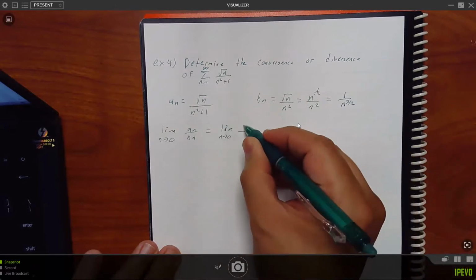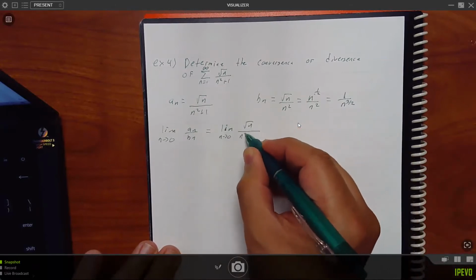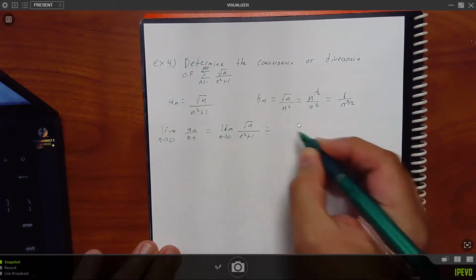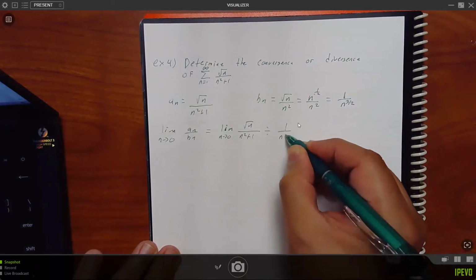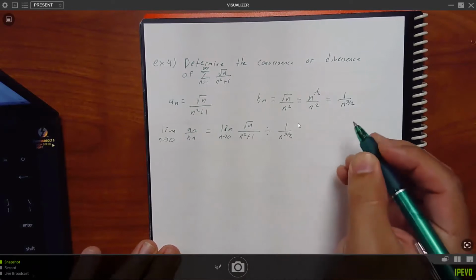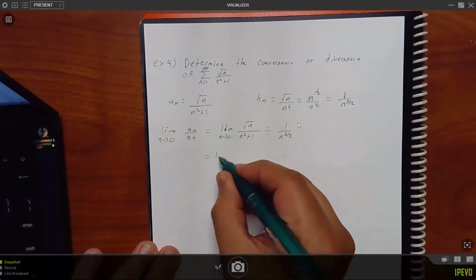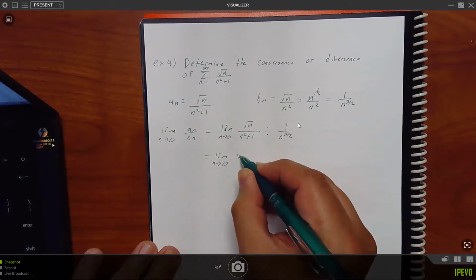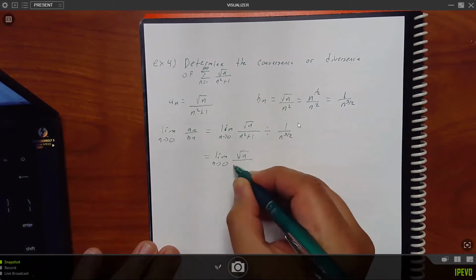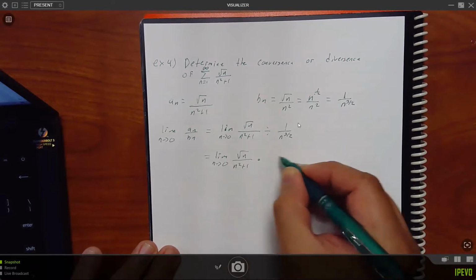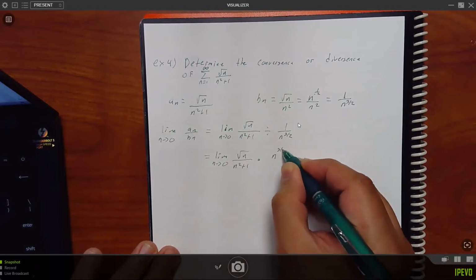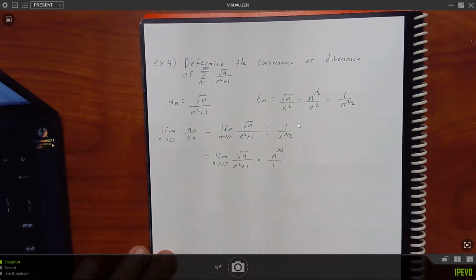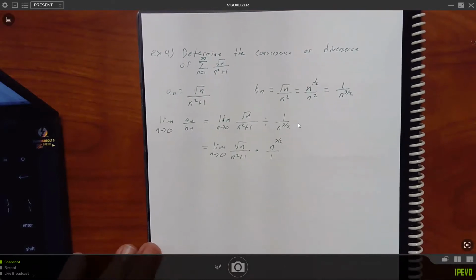First one, I'm going to write it as a division. That way it's easier to see what's happening. Writing as a complex fraction is not pretty. Right, multiply by the reciprocal.